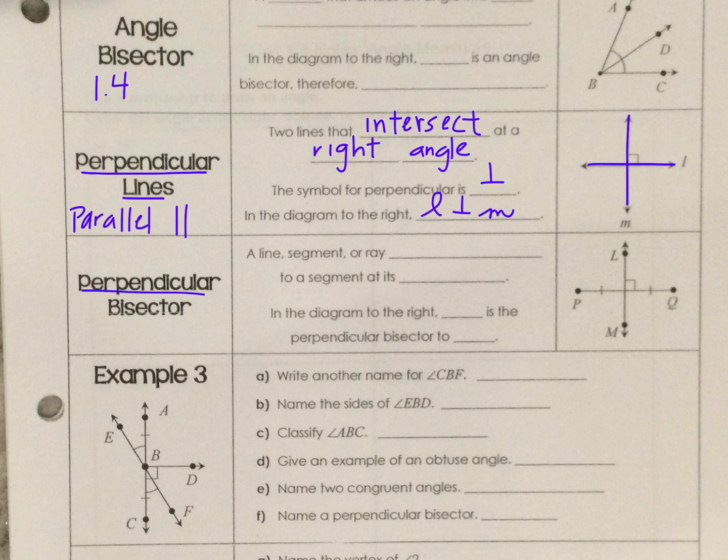Let's talk about perpendicular bisectors. A line, segment, or ray perpendicular, I'm going to write shorthand, to a segment at its midpoint. We know when we see the word midpoint or the word bisector, it's talking about cutting something in half. So I have this PQ line here, and those marks on the side tell me they're the same size.